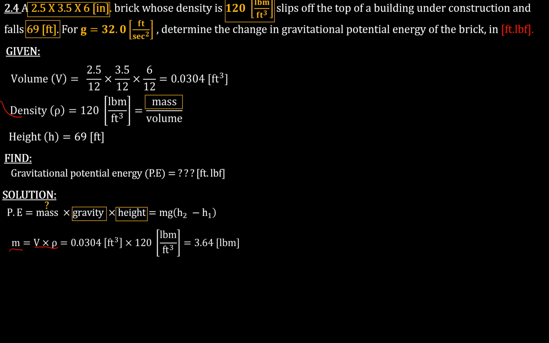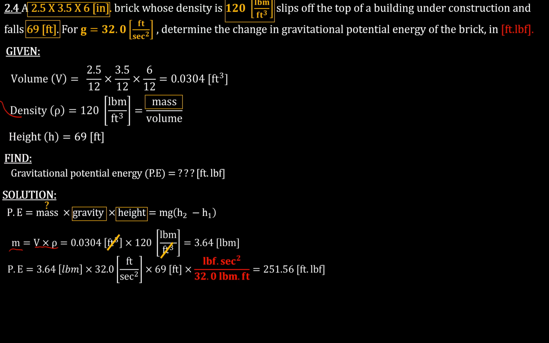The volume we found to be 0.0304 cubic feet times 120 pound mass per cubic foot. The cubic feet cancel, and you are left with pound mass. Plugging in the given values, we found the mass to be 3.64 pound mass.